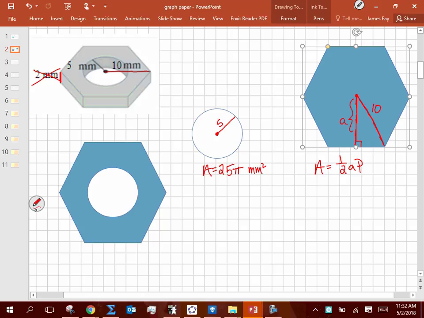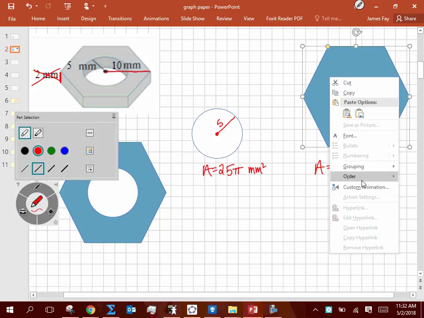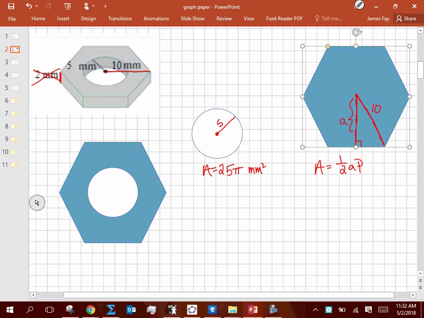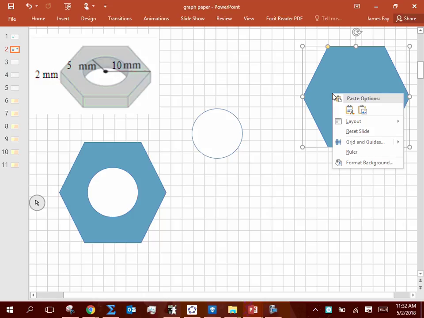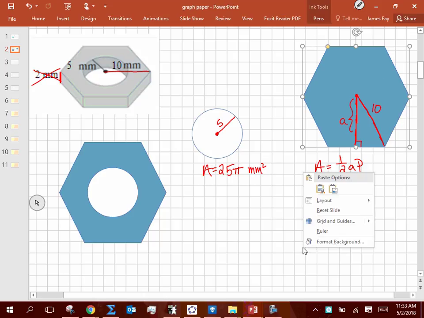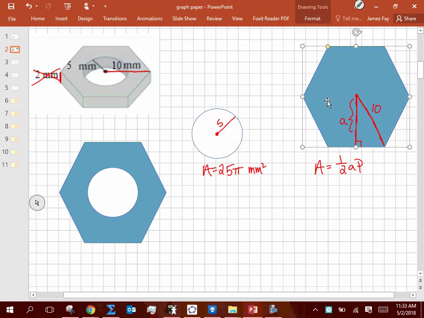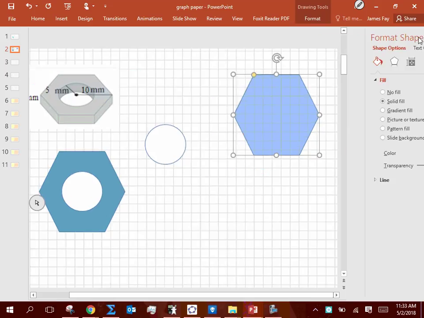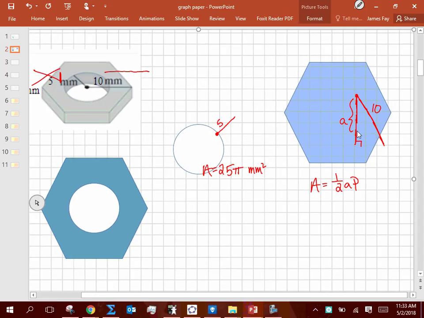Let me use a different color over there. All right, so that's 10.